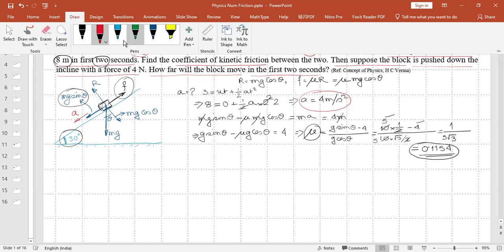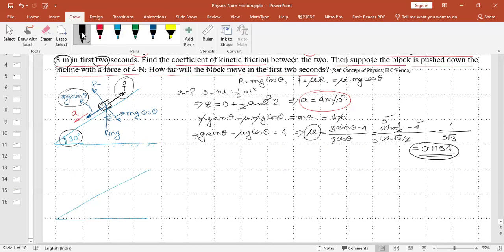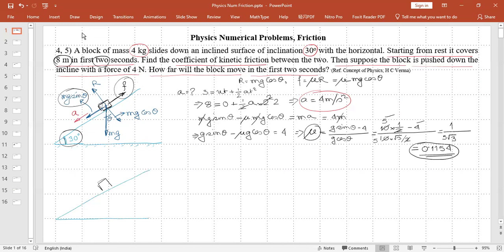That means in the new situation, the block is here, and there is an additional force F equal to 4 Newton applied. How far will the block move in the first 2 seconds? That means you have to first find out the acceleration. Right? There is an additional 4 Newton force.